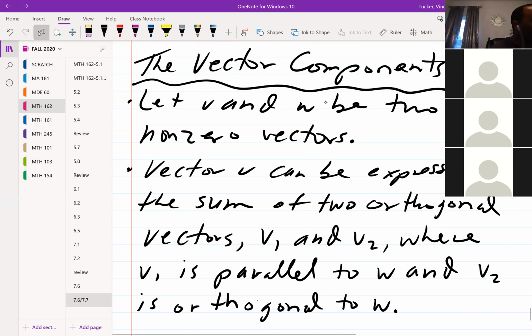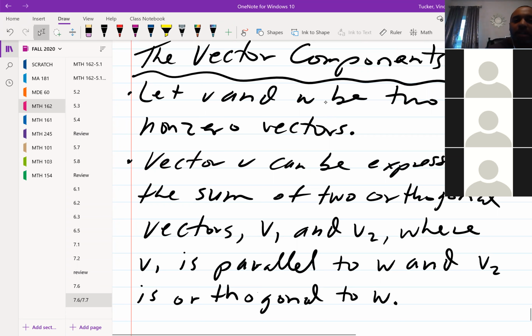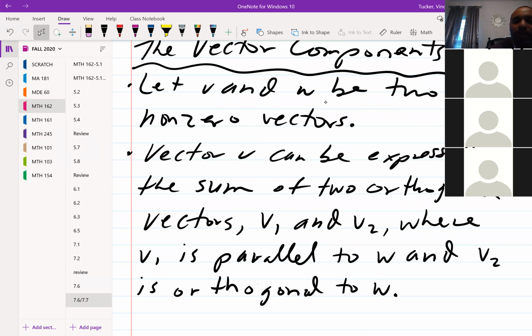All right, before I keep going, we're setting up for this last formula. The vector components of V: let V and W be two non-zero vectors.